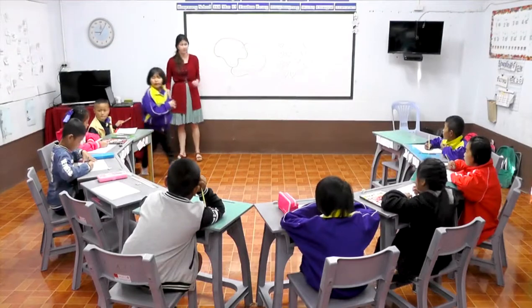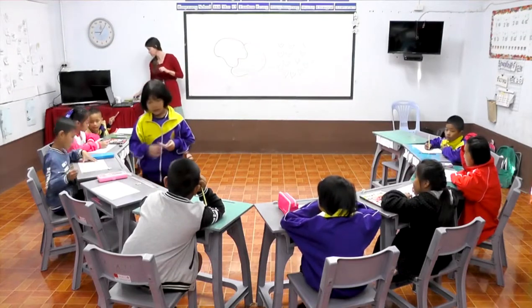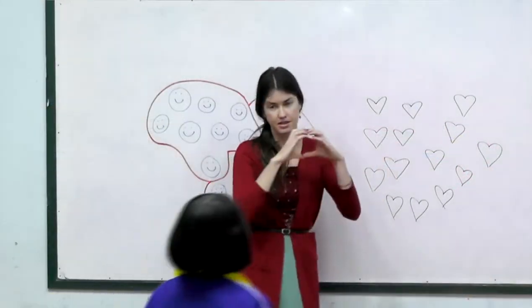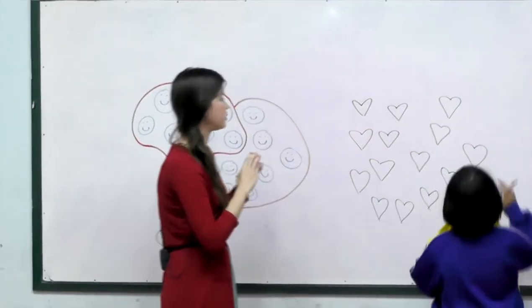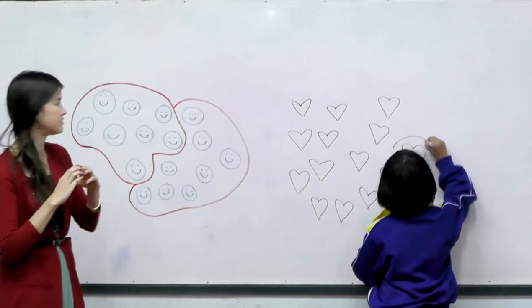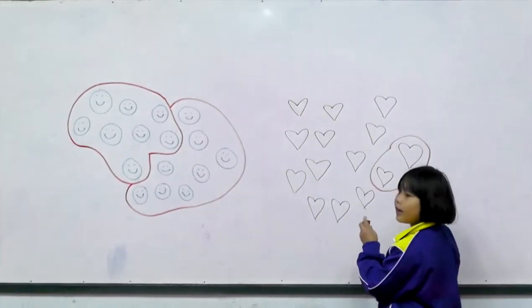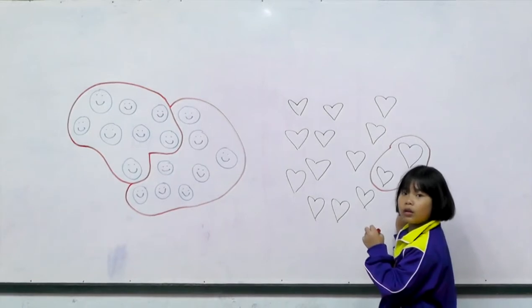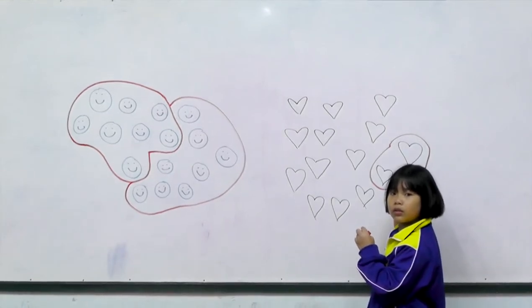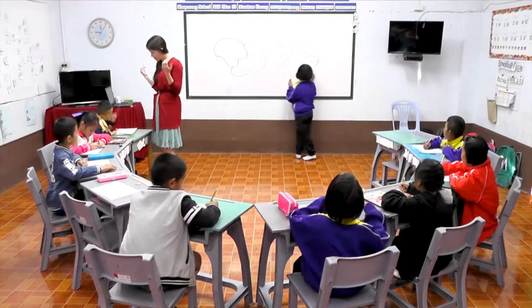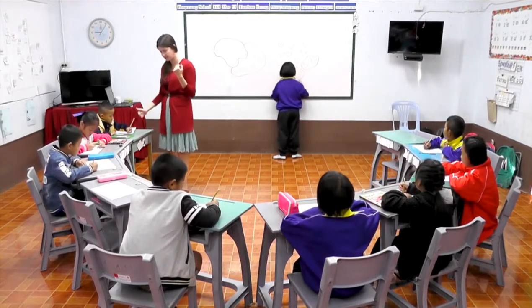Okay, so you're going to put 2 hearts in every circle, right? Groups of 2. So 2 hearts in every circle. How many hearts are there? One, two, three, five, six, seven, eight, 14. Okay, you got it.